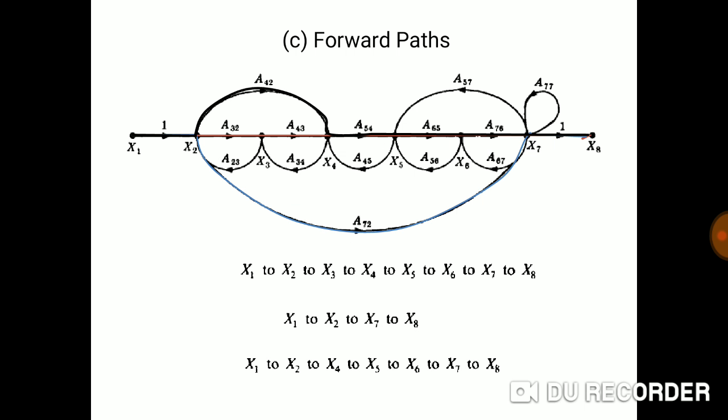The third forward path is from X1 to X2, then X4, X5, X6, X7 and X8. We are supposed to find all the forward paths provided in the signal flow graph. This diagram contains three forward paths.